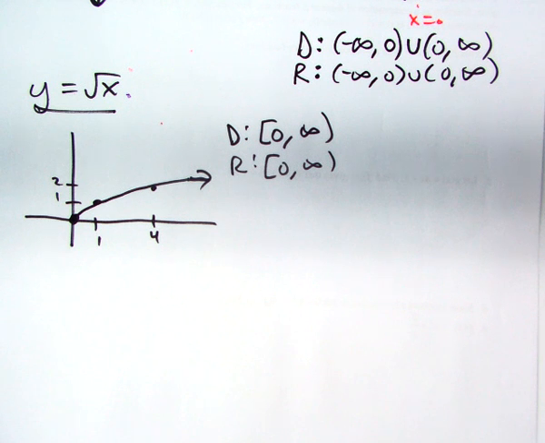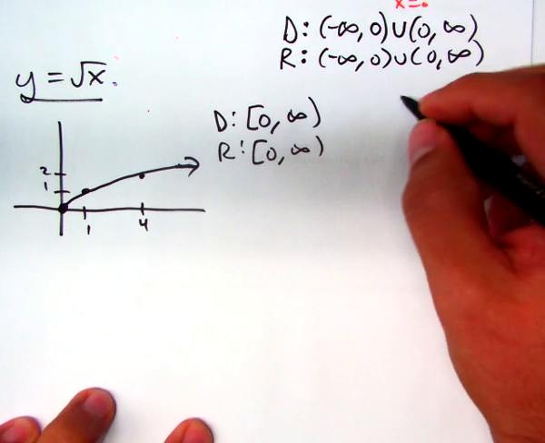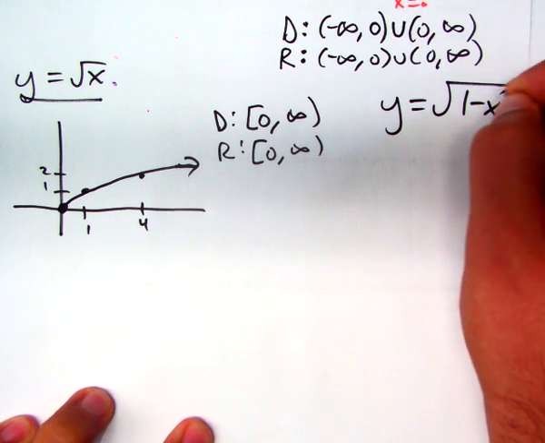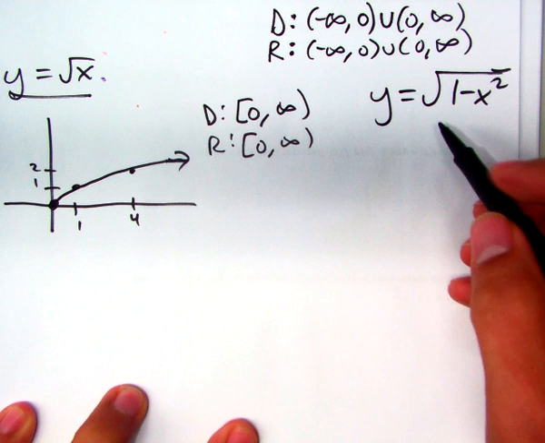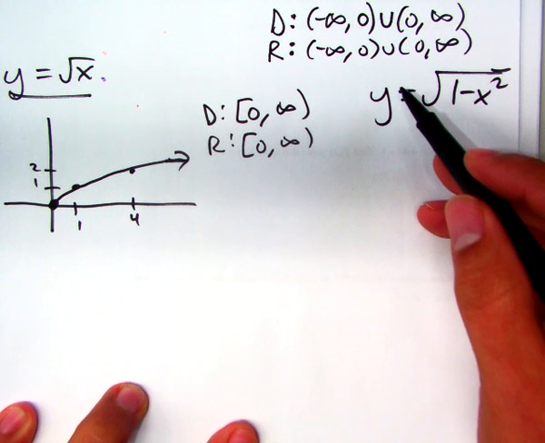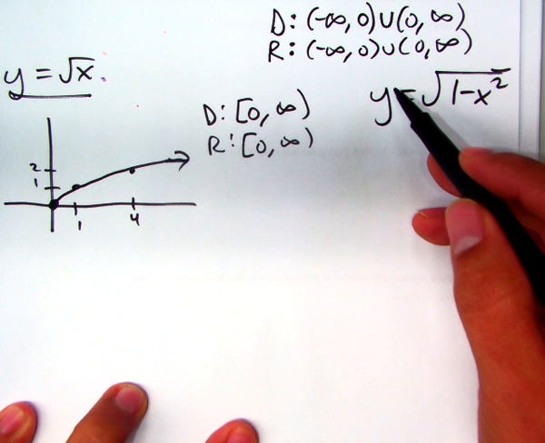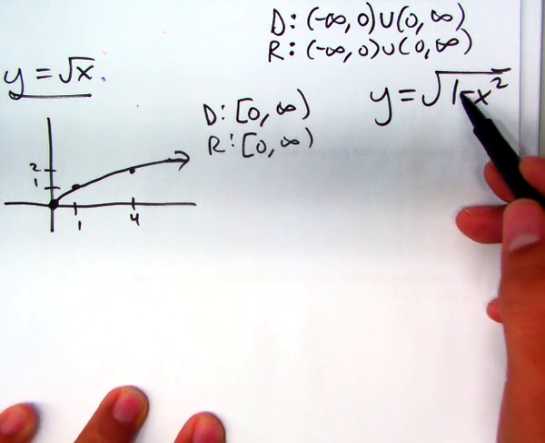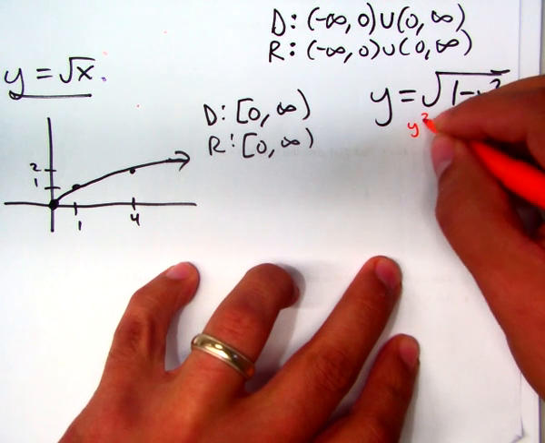Okay. The last one. It's probably the one that you're least familiar with. y equals the square root of 1 minus x squared. Can you guys do this in your heads real quick? Maybe you'll see the shape. If you square both sides, what do you get? y squared equals 1 minus x squared.